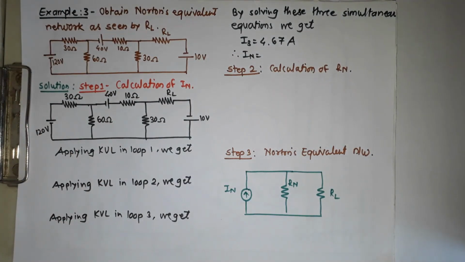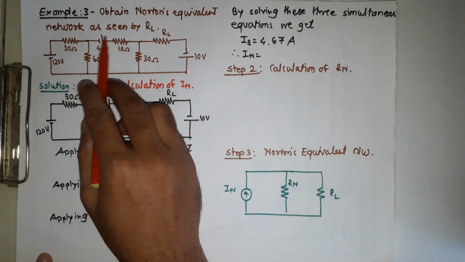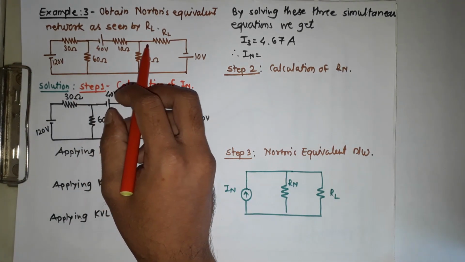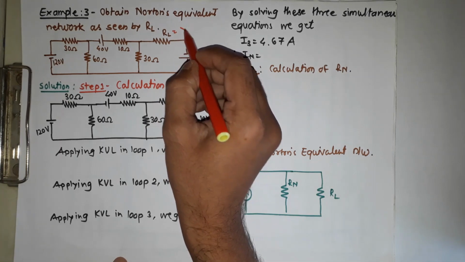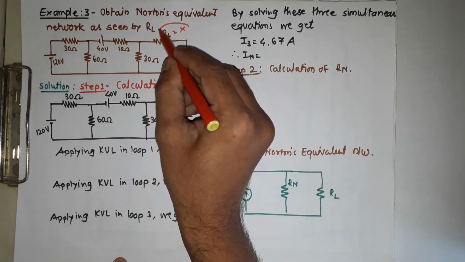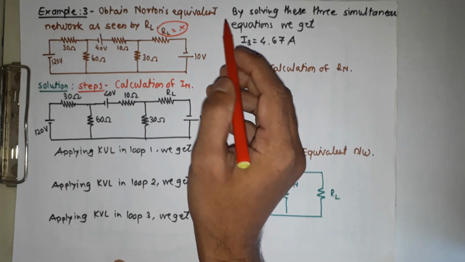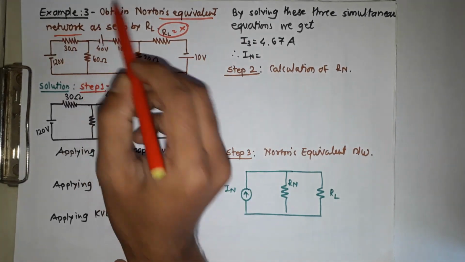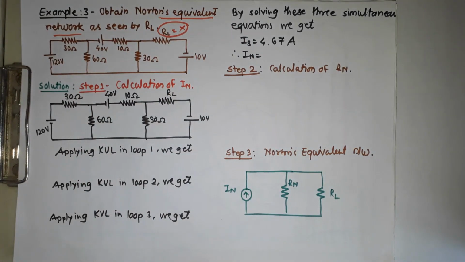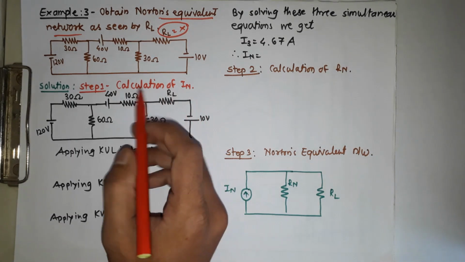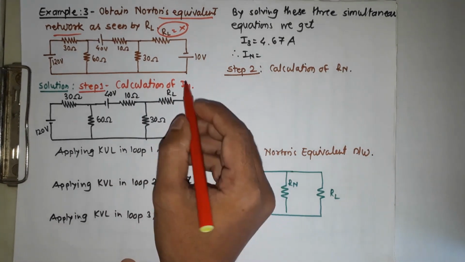The example is: obtain Norton's equivalent network as seen by the load resistance. Here the value of the load resistance is not given, so we have to keep RL as it is, and we have to just find the equivalent network. So see here, the same steps. Calculation of IN.